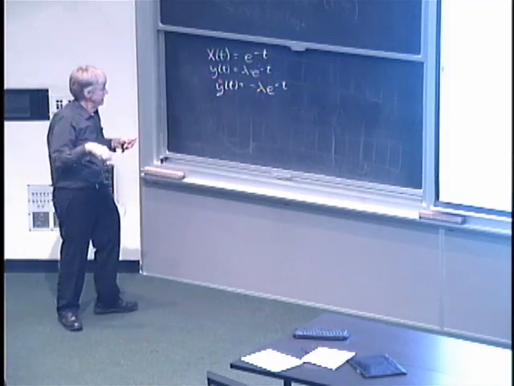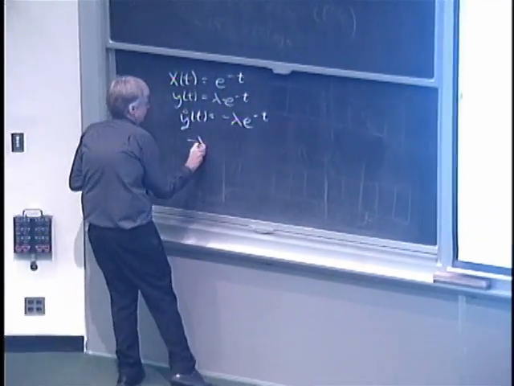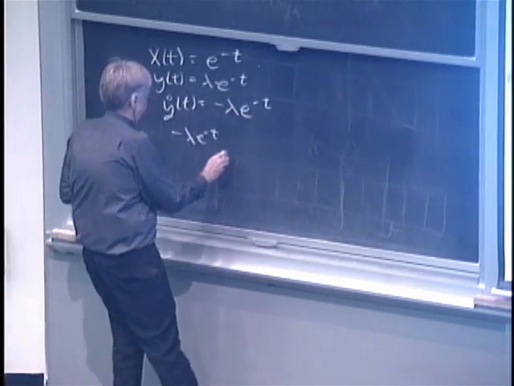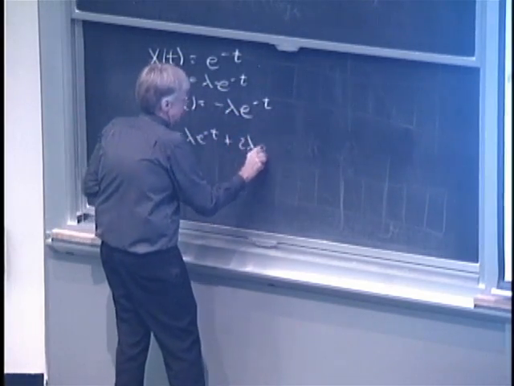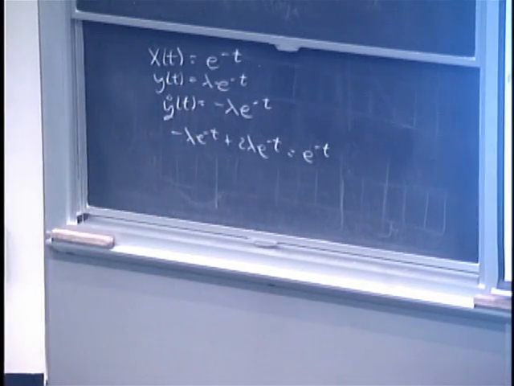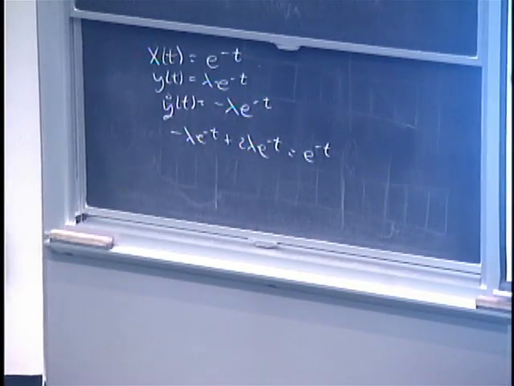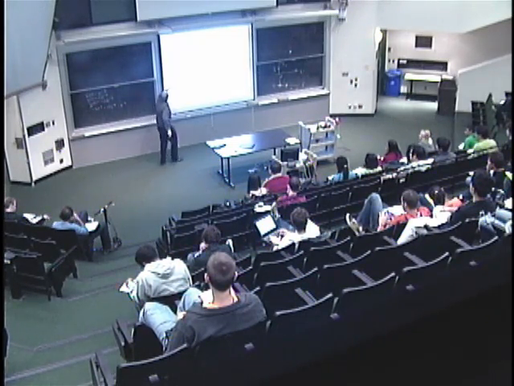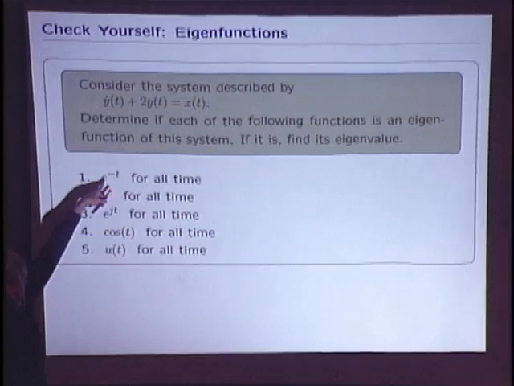Now if I plug that in, I get minus lambda e to the minus t plus 2 lambda e to the minus t should be e to the minus t. Is that true for any lambda? What should lambda be? 1. So the answer is yes. This is true, and lambda would have to be 1 for that to be true.